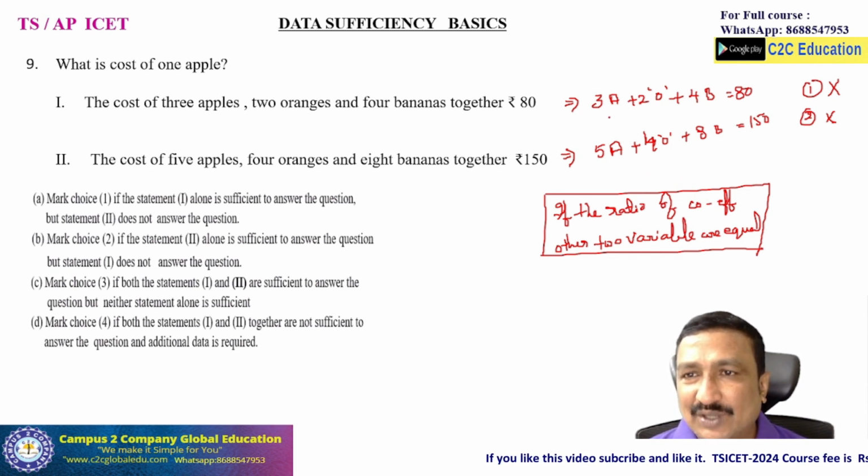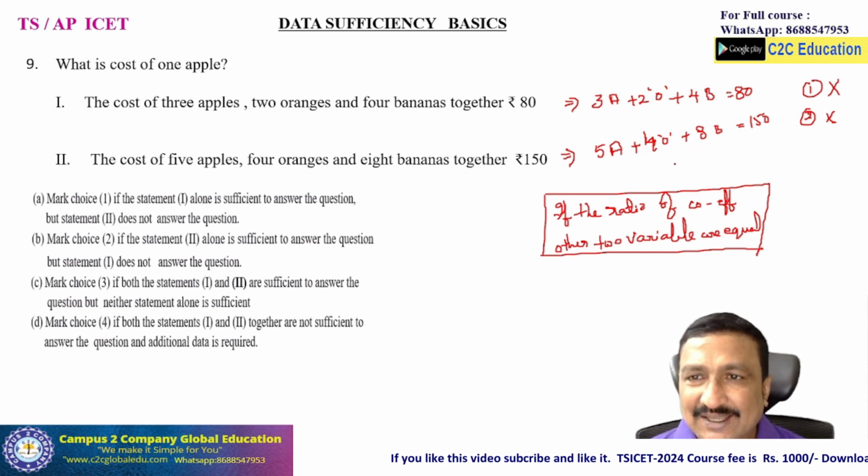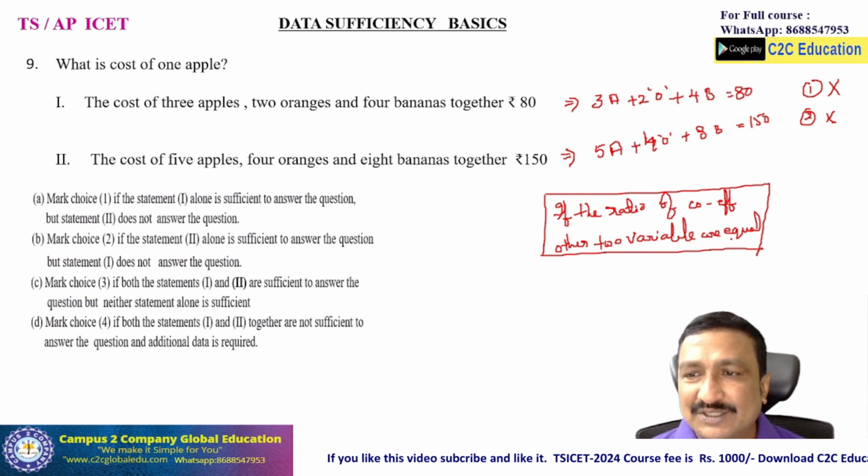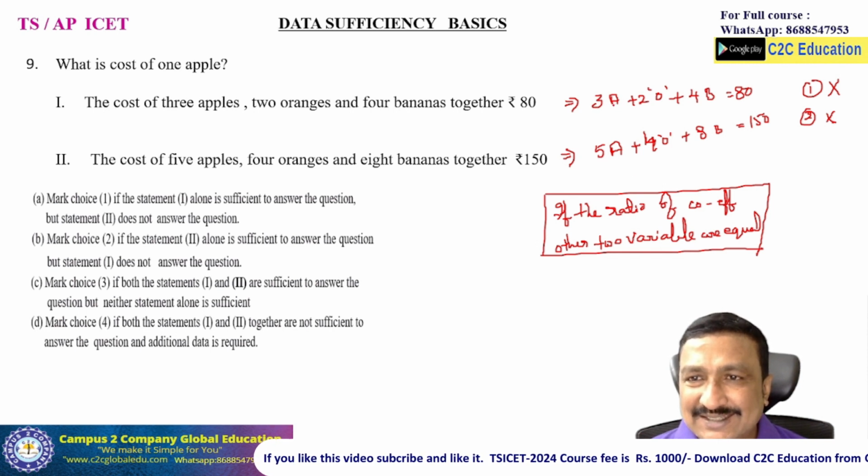Understood, friends? So here 3 variables, 2 equations, according to the condition we cannot find. But there is a special case: if the ratio of coefficients of the other 2 variables is equal, then we can find the third variable. So in this case they are asking for apple.